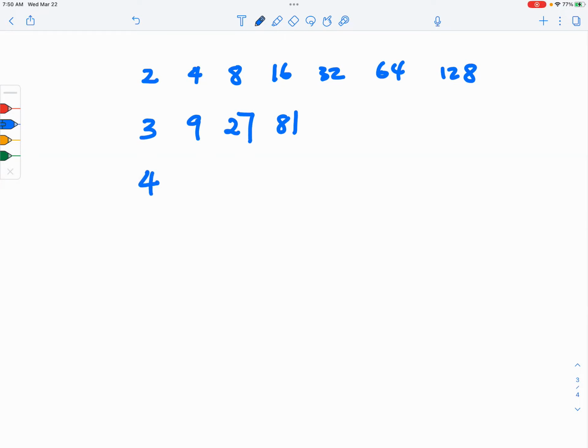And then you have 4, you have 16, you have 64. Okay. And then I've got you 5, 25, and the next number would be 125. 5 cubed is 125.